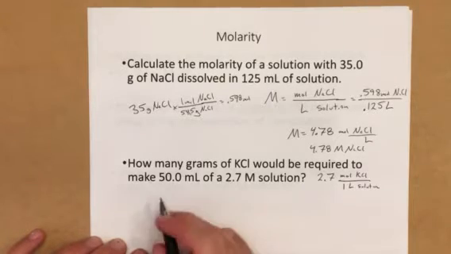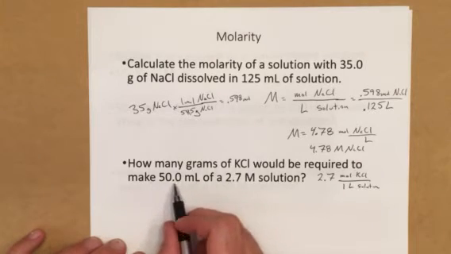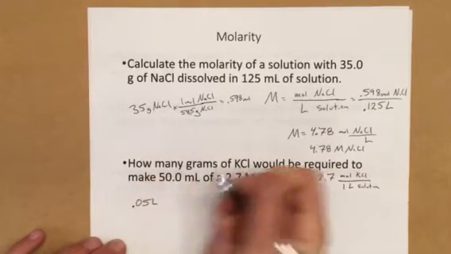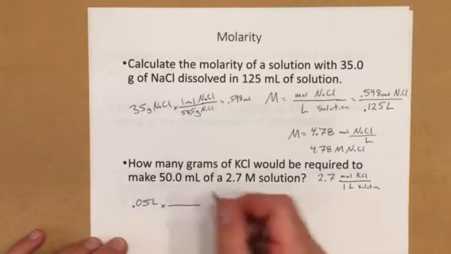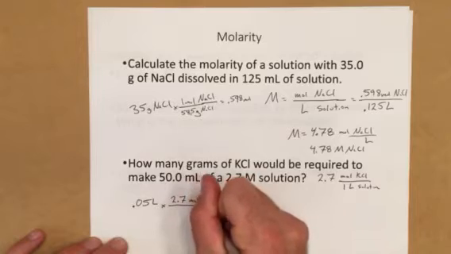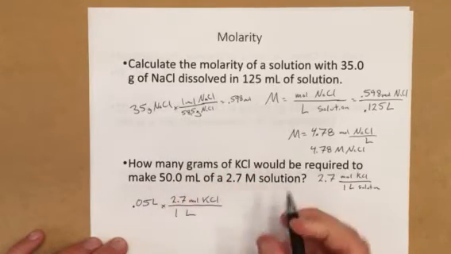All right, so I'm going to change my 50 milliliters, since we always want liters to be our volume when we're working with molarity. I'm going to change that to liters, so that'd be 0.05 liters. And then I'm going to multiply that by the molarity, 2.7 moles of KCl for every 1 liter of solution.